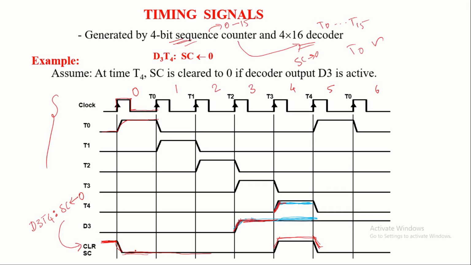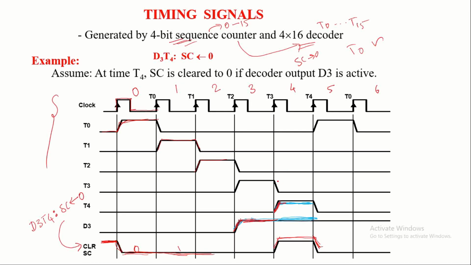It means the sequence counter can increment, counting the numbers in incremental order from 0 to 15. In this clock cycle it will count to 0, so T0 is active; in the next clock cycle it will count to 1, so T1 is active; in the next clock cycle T2 is active, and it goes on.